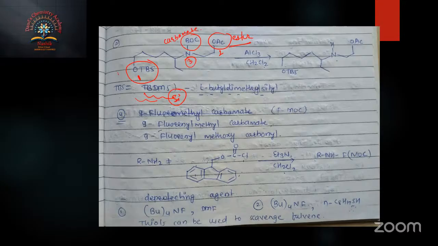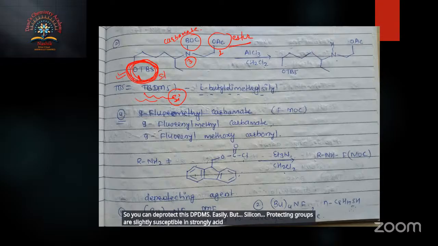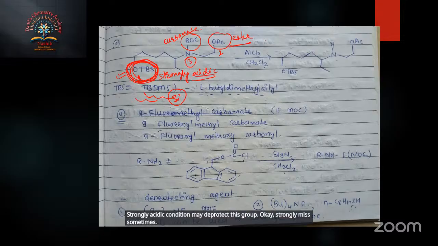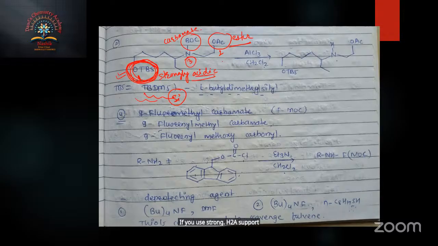You can deprotect this TBDMS easily, but silicon protecting groups are slightly susceptible in strongly acidic conditions. Strongly acidic conditions may deprotect this group. Strongly means sometimes if you use strong H2SO4 or HCl, it may get deprotected, but not easily.